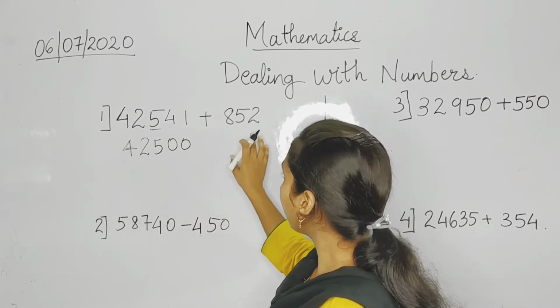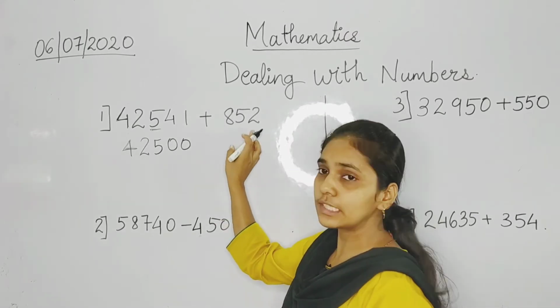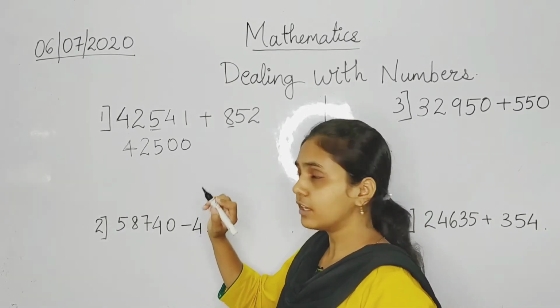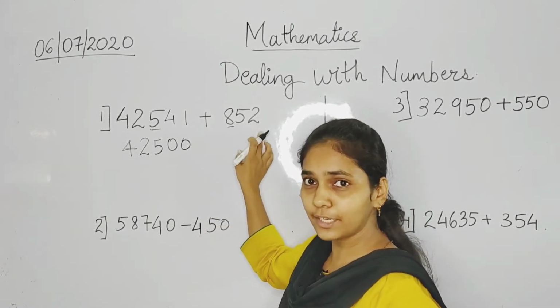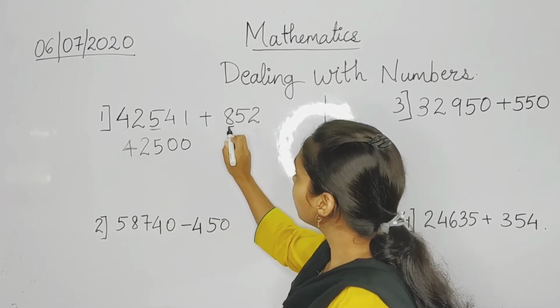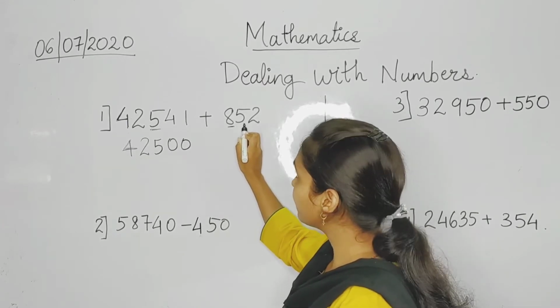Now similarly we have to round off the other number also. For this also we again see the number which is in the hundreds place. The number in the hundreds place is 8. So we have to round off this number, 852, to the hundreds place. We see the number which is after the hundreds place, which is 5.